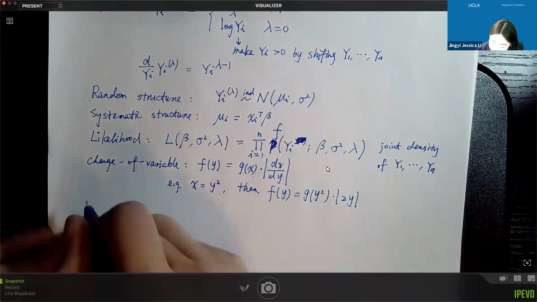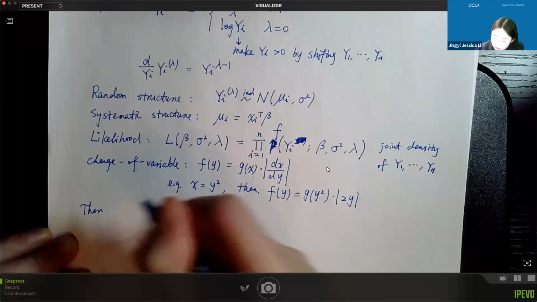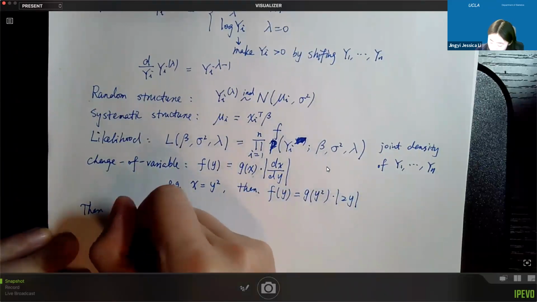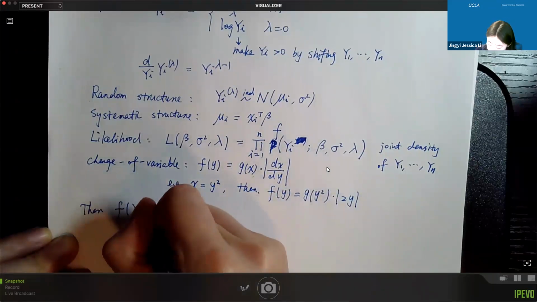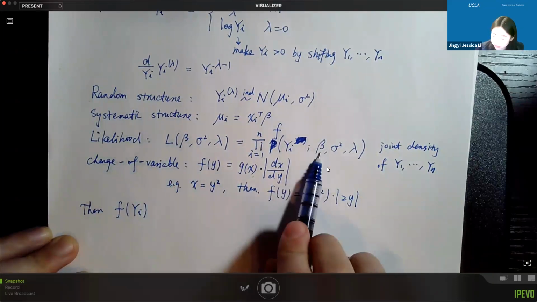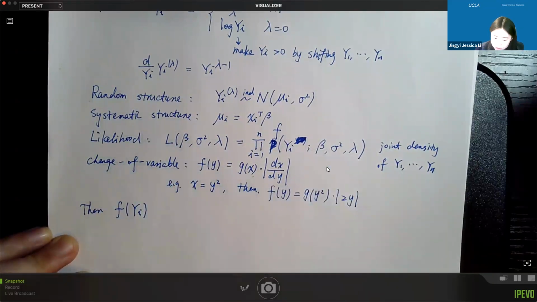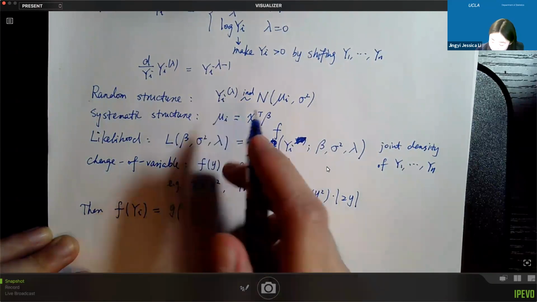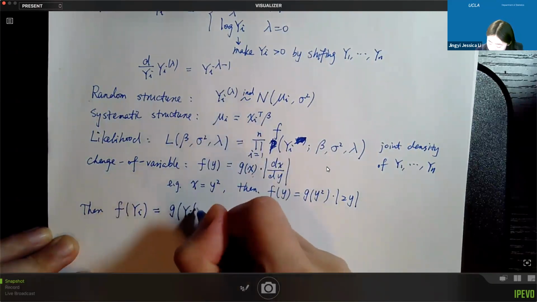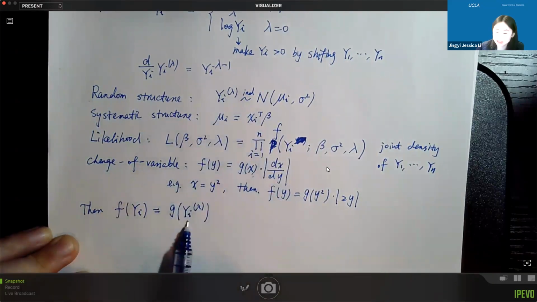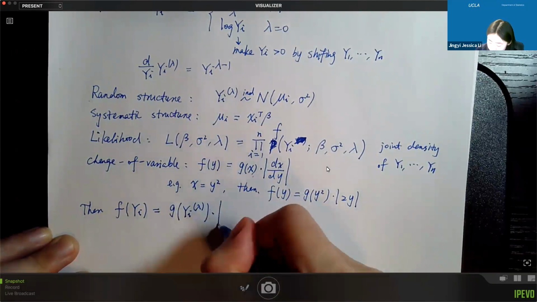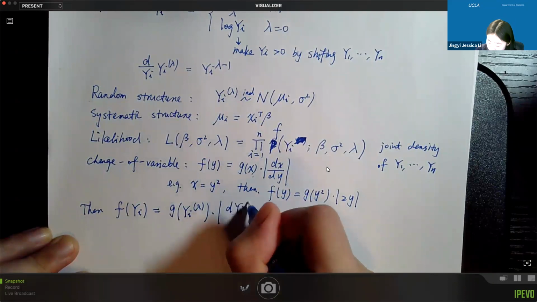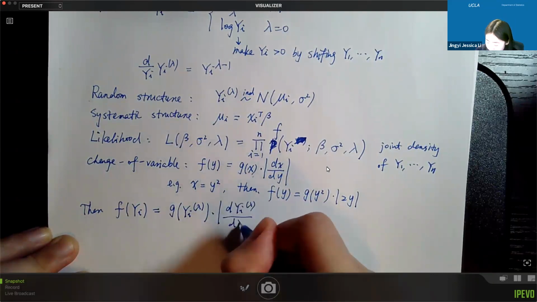By applying this change of variable, the density of yi, given beta, sigma squared, lambda, ignoring the parameters, will be equal to the density of yi to the power lambda, for which we know the density is from the normal distribution, times the absolute value of the derivative of yi lambda against yi.